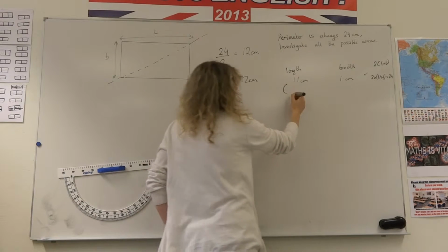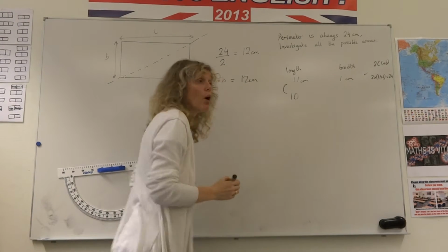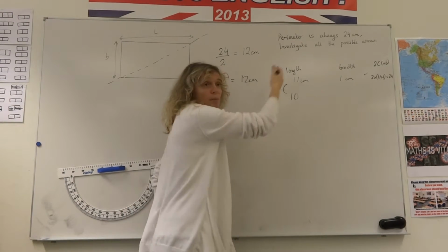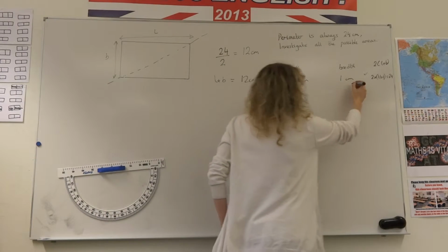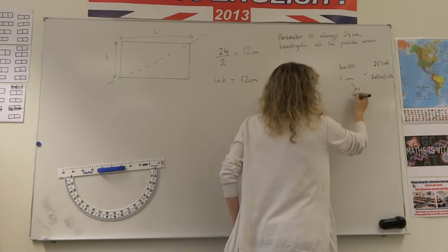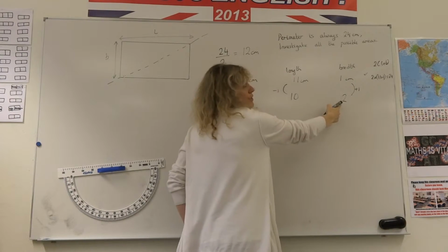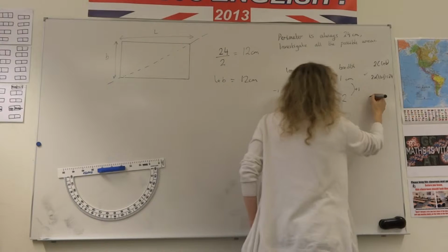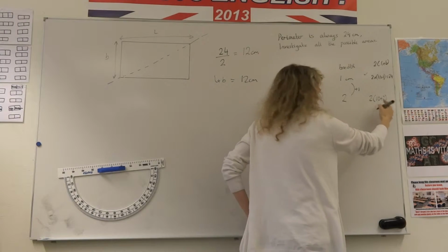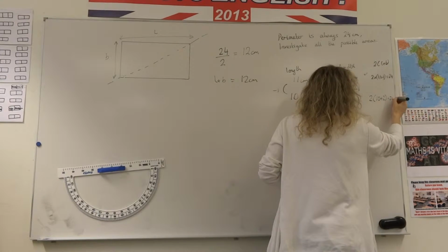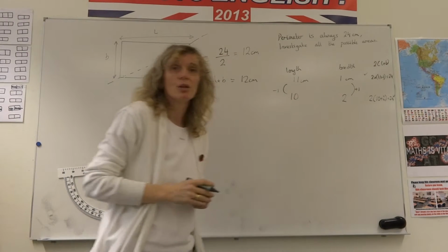So let's reduce this 11 by 1 down to 10, because I can't go up from 12. So if this one goes down 1, what does this one have to do? Up 1, because 10 plus 2 will give me 12. And 2 times 10 plus 2 would give me 2 times 12, which would be 24. So that would be right too.